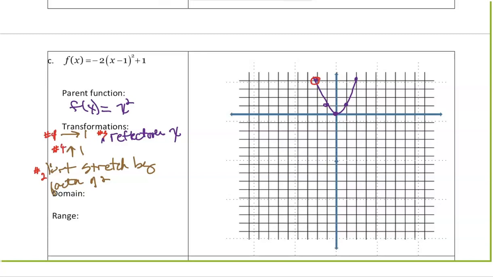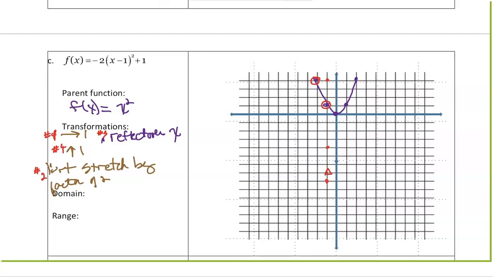Okay, I'm going to go right 1. So here's my right 1. Then what comes next? I'm going to flip over the x-axis. So I'm down here at 1, 2, 3, 4. Multiply that by 2. That puts me down at -8. 4, 5, 6, 7, 8. I'm down here. And then what comes next? Up 1. So I'm there.